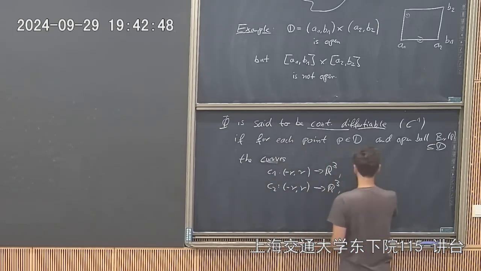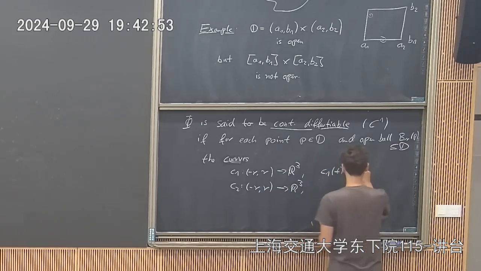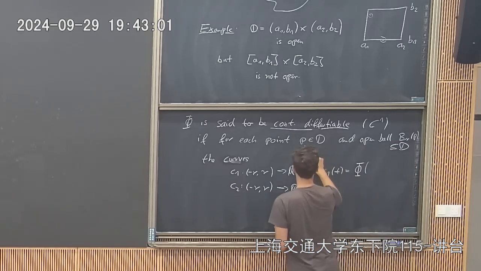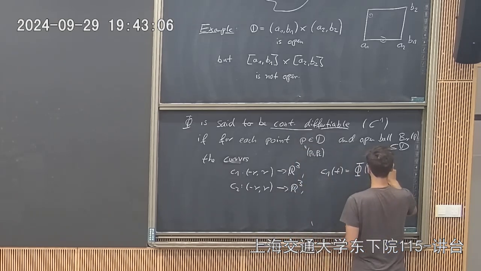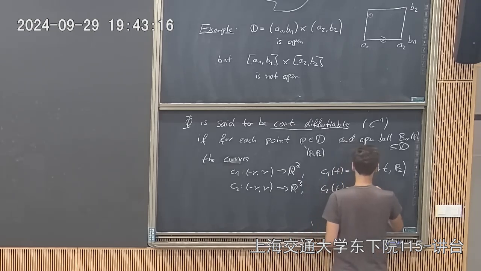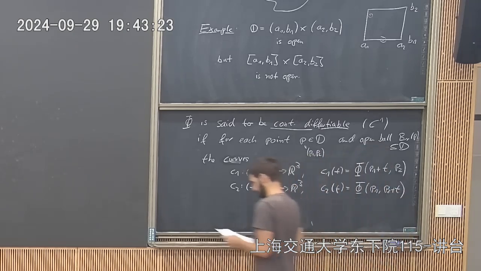Define 2 curves, namely C1 of t, which is just changing the point slightly in the x direction, and the second curve, just only changing things in the y direction.